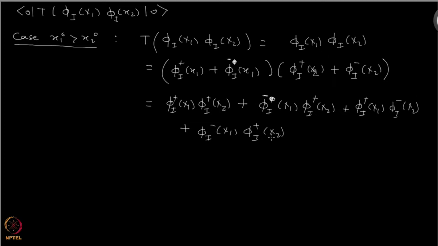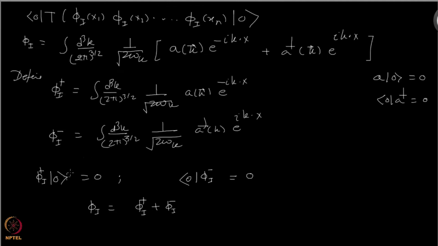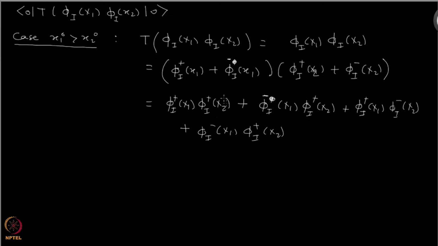Now eventually I want to sandwich this operator between the vacuum. So when I do that, look at this one. Phi plus kills the vacuum to the right and phi minus to the left. So this one has a phi plus, it will kill the vacuum. This one has a phi plus, it will kill the vacuum. This one has a phi plus, it will kill the vacuum. This will kill the vacuum also because it has a phi minus on the left, either way.